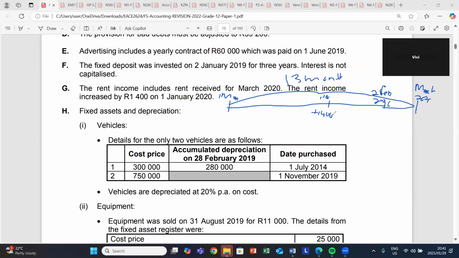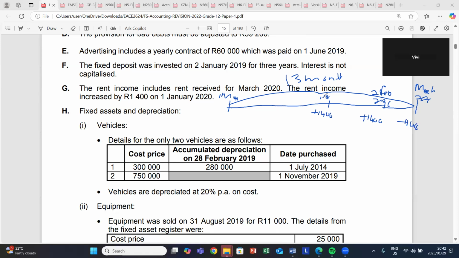So this 1,400, did you only pay it for January? No, for 3 months, which is January, February, March. Meaning you paid your increase for 3 months.